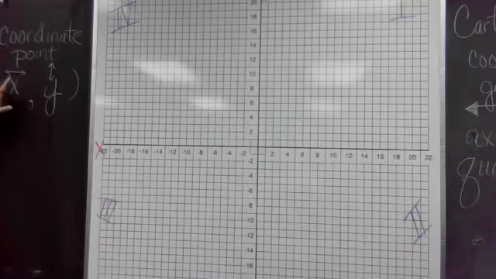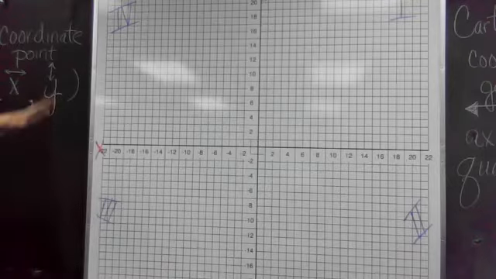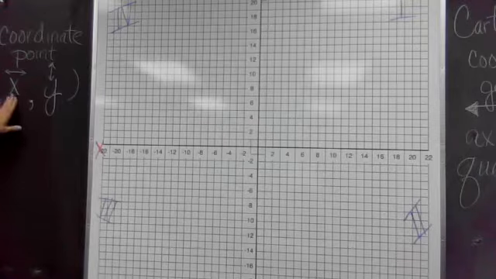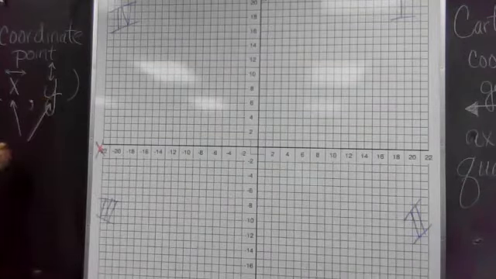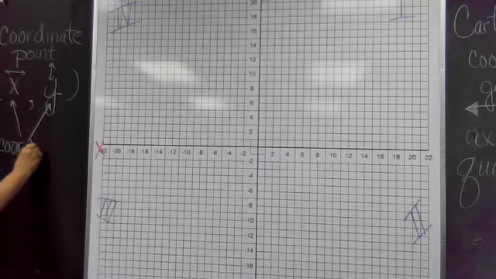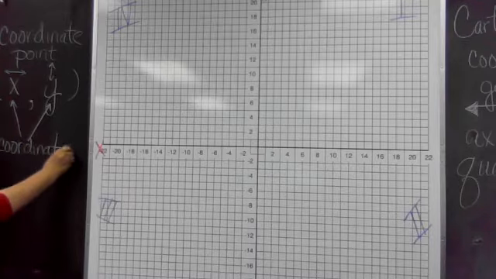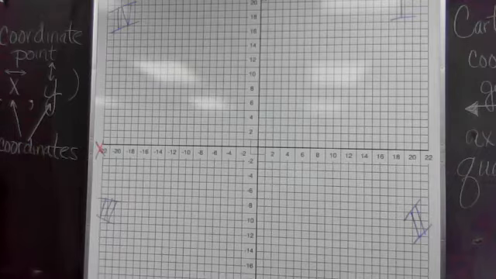Okay, so when we begin to move to certain addresses on the coordinate graph, we will always move in a horizontal direction first. Now, each one of these things, it's very, very basic today. Each one is called a coordinate. So what they'll do is say, this one, what is the x coordinate?